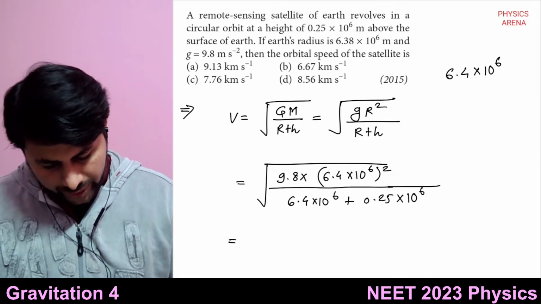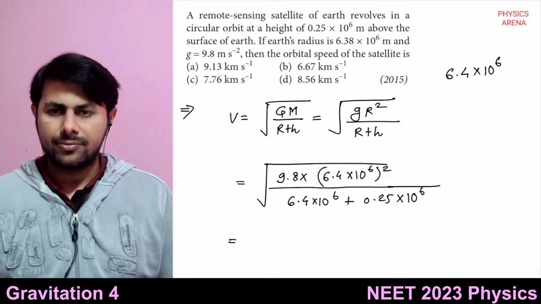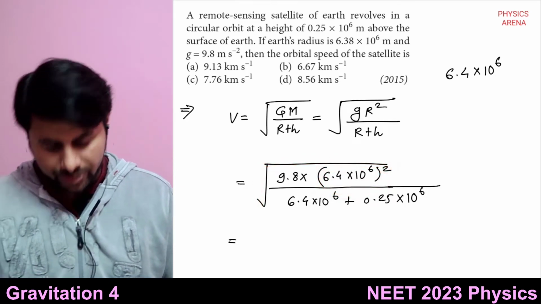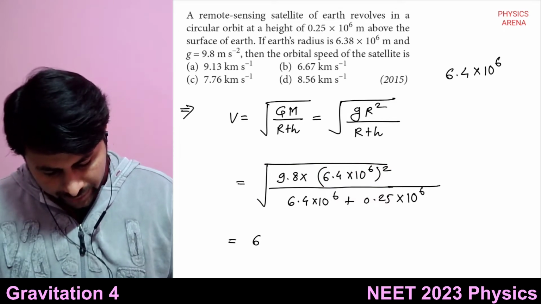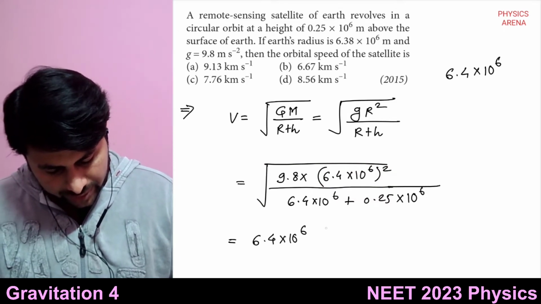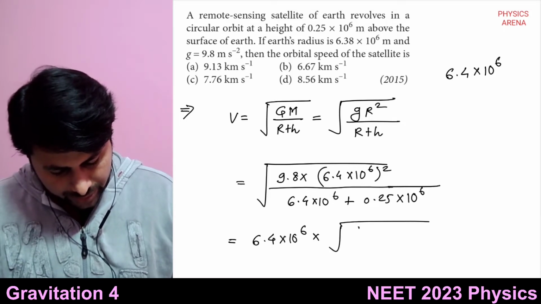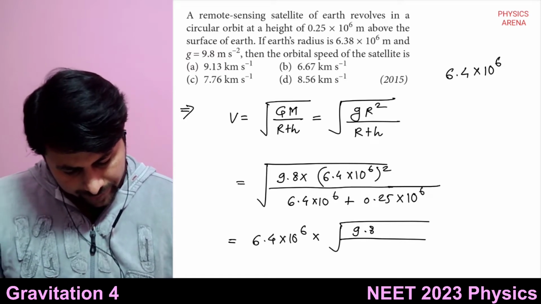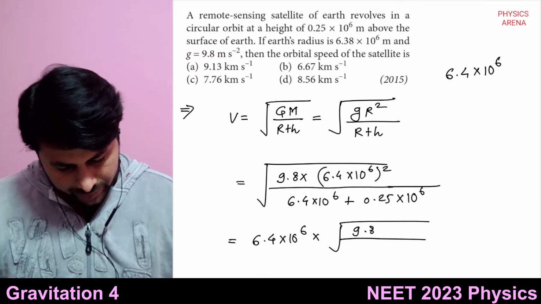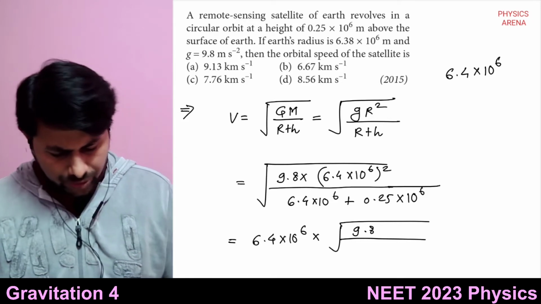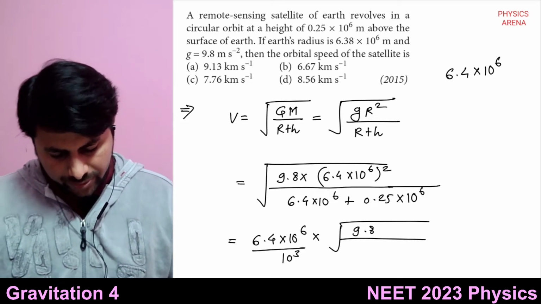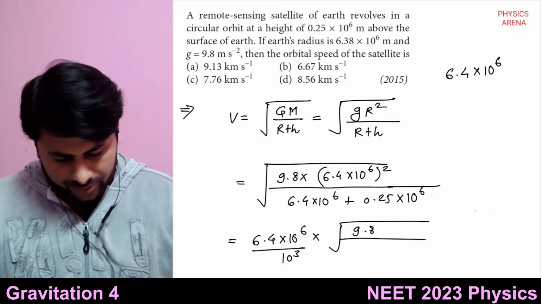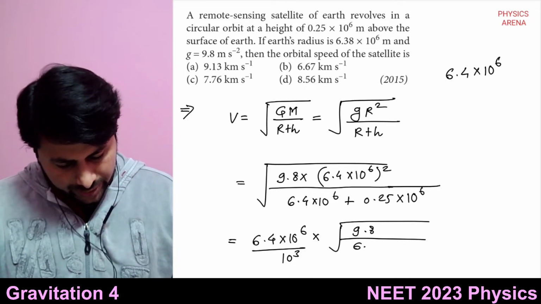So we have R square, and the square root of that will not touch this thing. We'll just take it outside. So what do we get? We get 6.4 into 10 raised to 6 multiplied by square root of 9.8, and in the denominator we have 10 raised to 6. Square root of that is 10 raised to 3, so we can take it outside, and then 6.4 plus 0.25, so it is how much? 6.65.